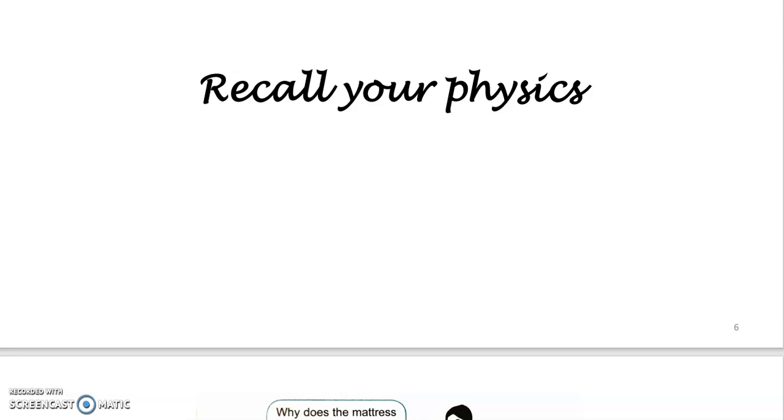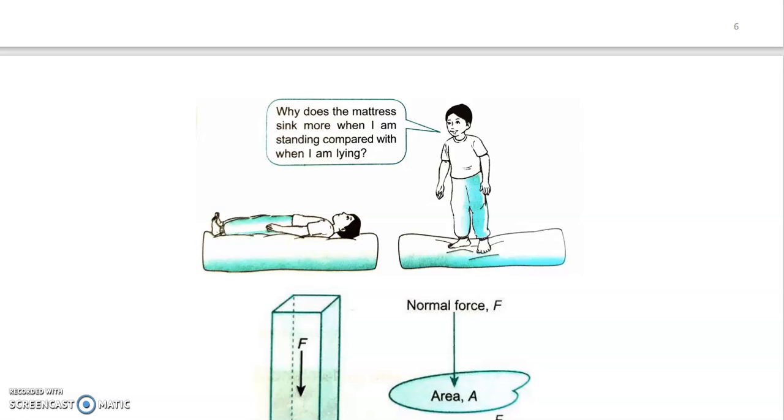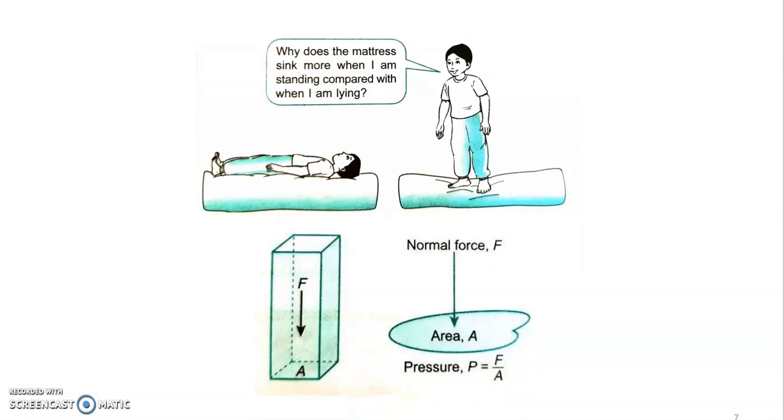Okay, let's recall your knowledge of physics. You learned previously how we measure pressure. Pressure is force divided by area. We can compare with the situation of the boy. When the boy is standing, the mattress sinks because the area is small.